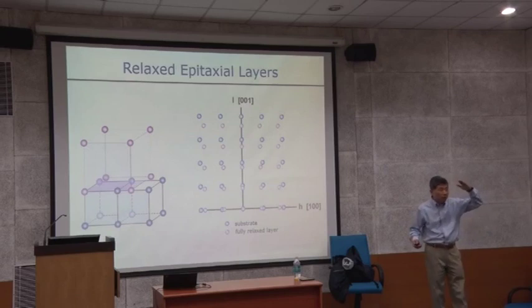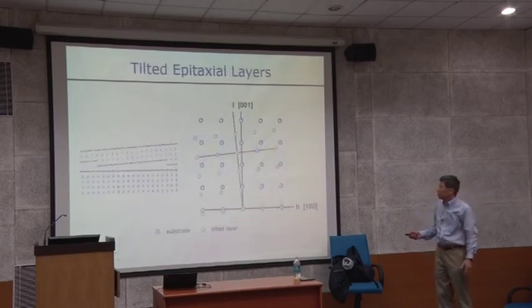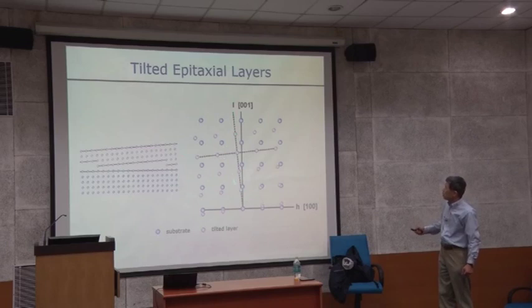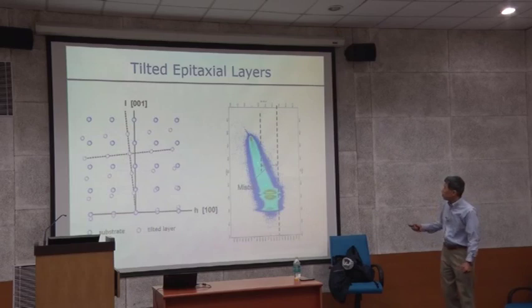Sometimes it's tilted. If it grows tilted, you will see everything tilted. The tilting can be measured using the same kind of reciprocal space mapping too. So you'll see that you have this thin film tilted with respect to this one.